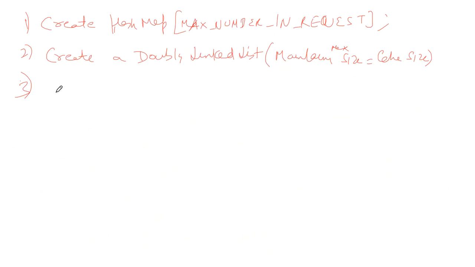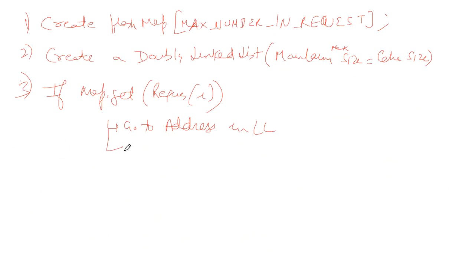Okay. Next thing. What you do if map.get of a request of I returns a value, meaning there is a value corresponding to that present for the request of I. Go to the address in the linked list, join previous and next of I. No, first you have to check whether it's there or not.